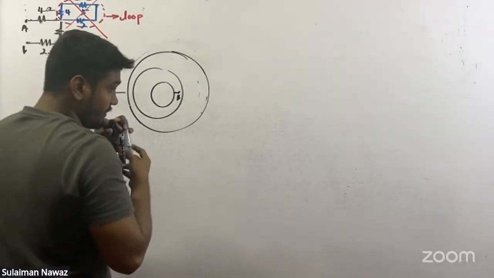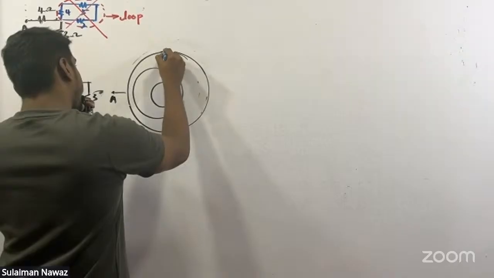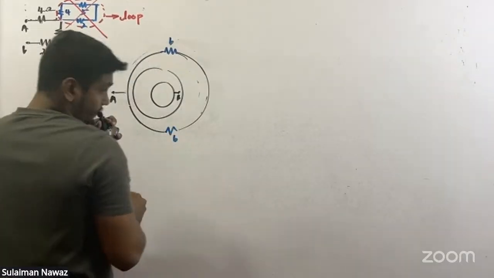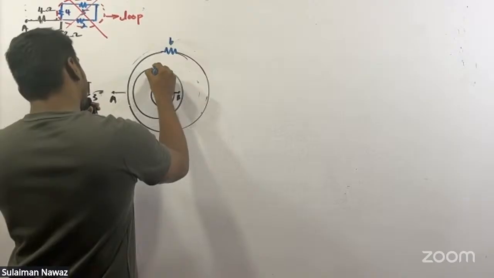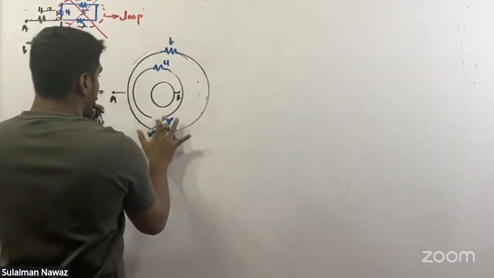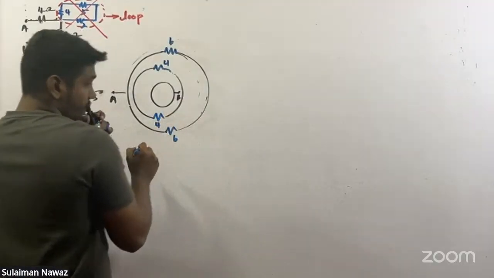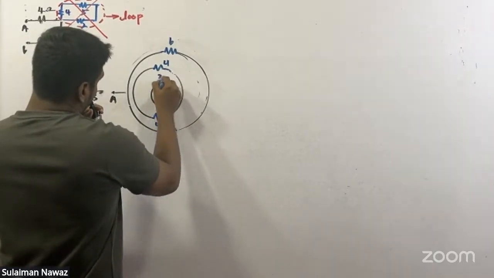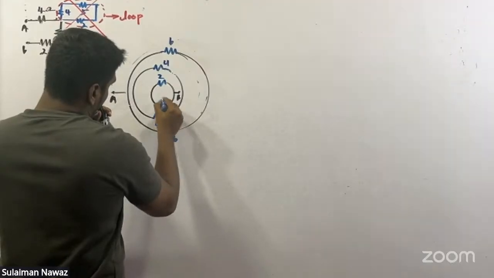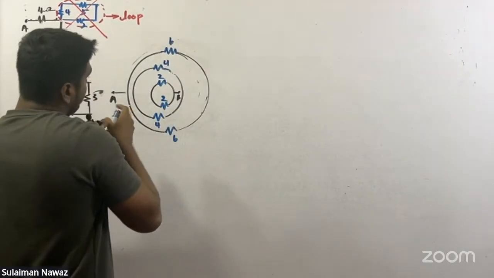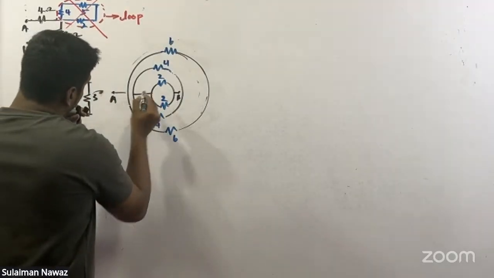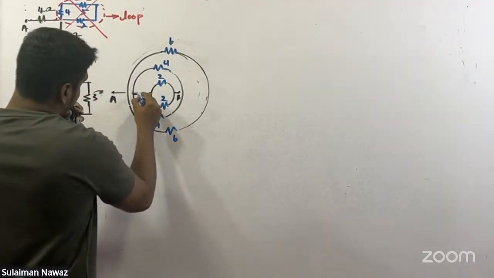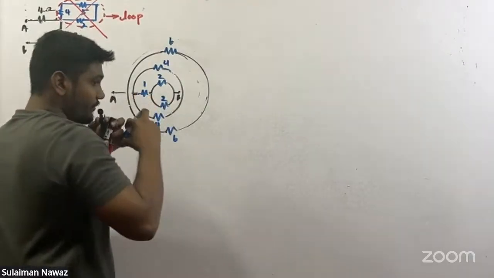And then the resistances here are 6 ohms, and here 6 ohms, and then here 4 ohms, and here also 4 ohms, and 2 ohms, and here is 1 ohm, and here is 1 ohm, and here is 1 ohm.